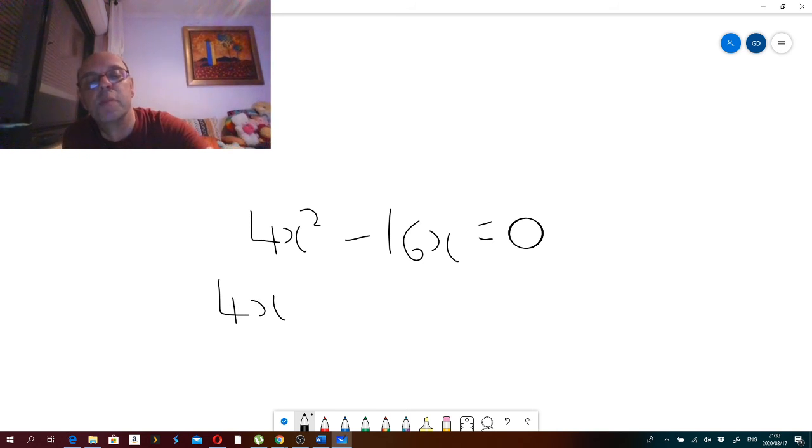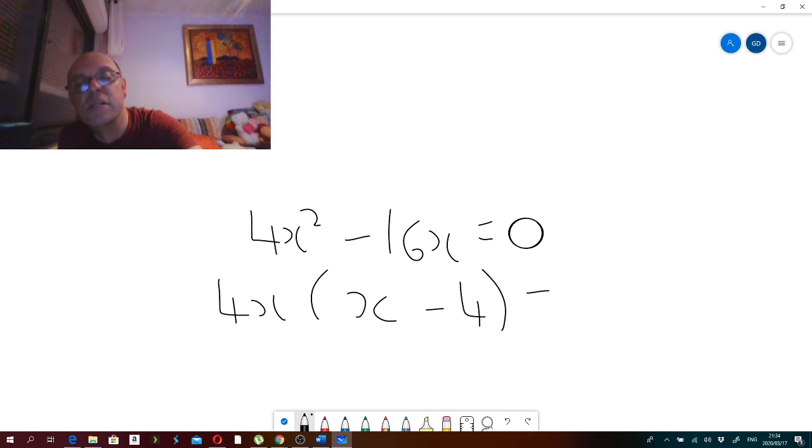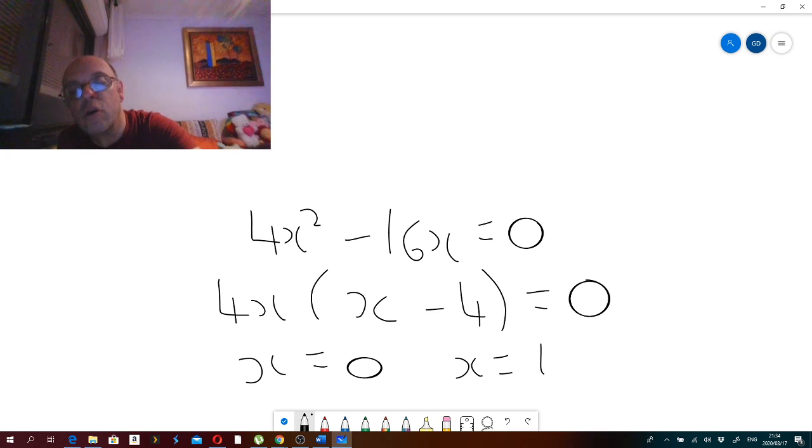Well, a 4x can come out, and then I'm left with, sorry, just an x, because 4x times x is the x squared, but here we will have a 4, because 4x times 4 is equal to the 16x. Alright, so again, what makes the bracket 0? Well, again, the x can just be a 0, because 4 times 0 is still 0, and then we can also say that the x can equal 4. Okay, so there are our two answers. X equals 0 or x equals 4.